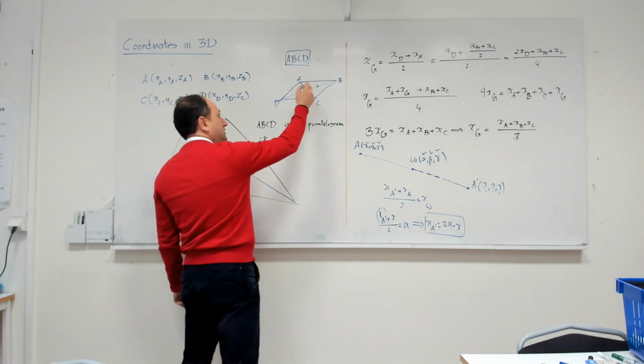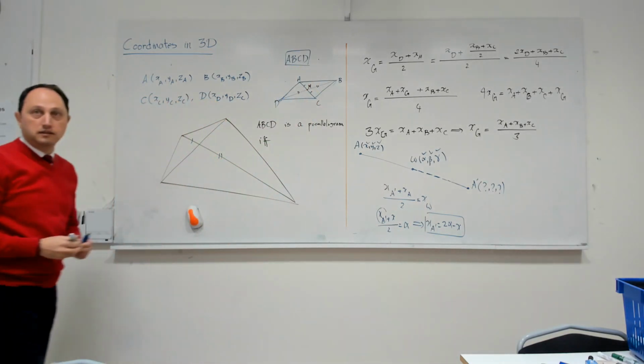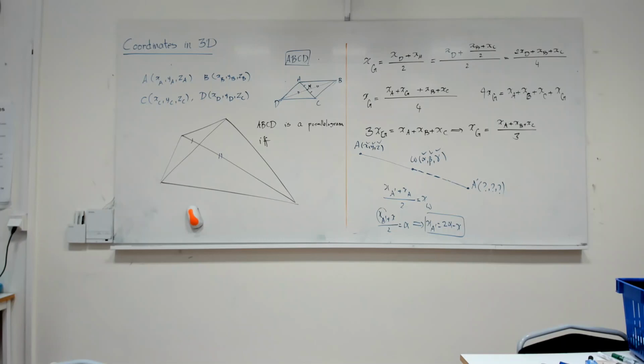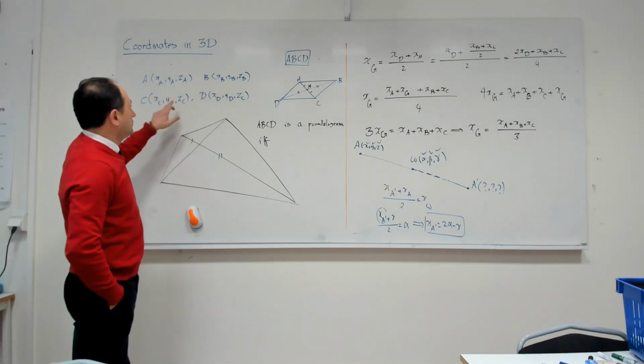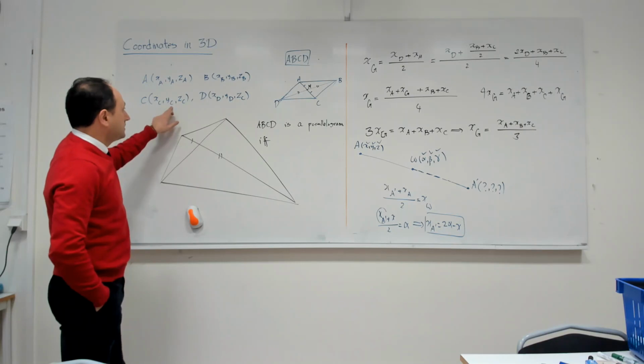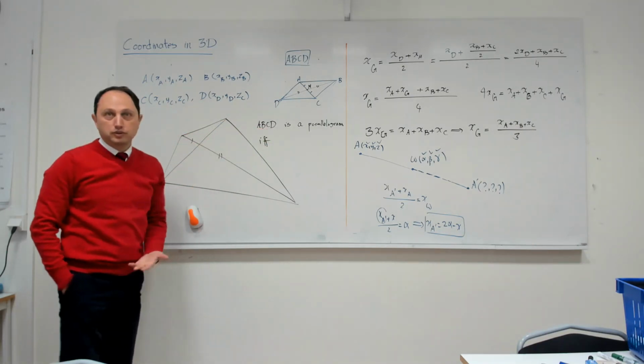Yes, so let me take this one, M. Think in this way. I give you this, I give you this, I give you this, and I demand to determine D in a way that I have a parallelogram. How do you do that?